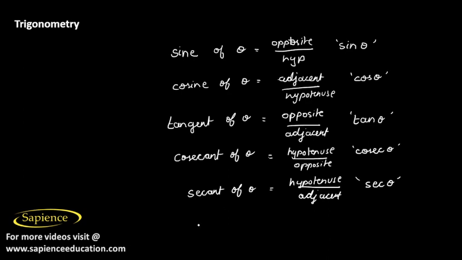And the last ratio is cotangent. For cotangent of theta, the ratio is adjacent side divided by opposite side. So the short form is cot theta.